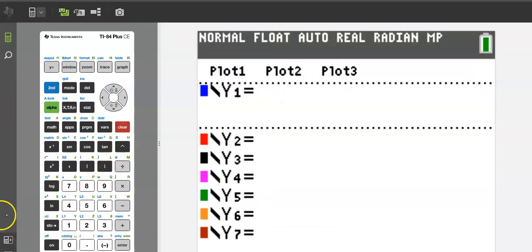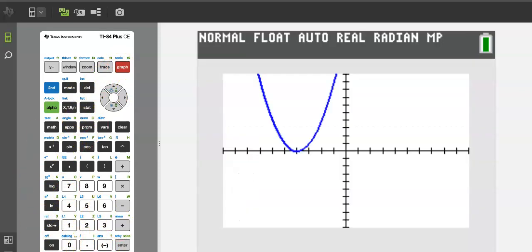Our equation was x squared plus 8x plus 16. Graph. So there's what it looks like.